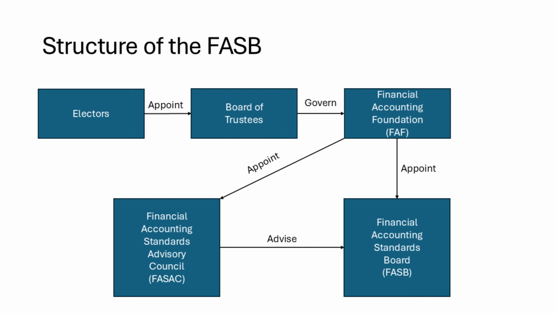In total there are nine organizations: the AICPA, Financial Executives Institute, the Institute of Management Accountants, Financial Analysts Federation, the American Accounting Association, the Securities Industry Association, and three non-profit organizations. These members govern the FAF, which appoints the FASAC and the FASB, and the FASAC advises the FASB.